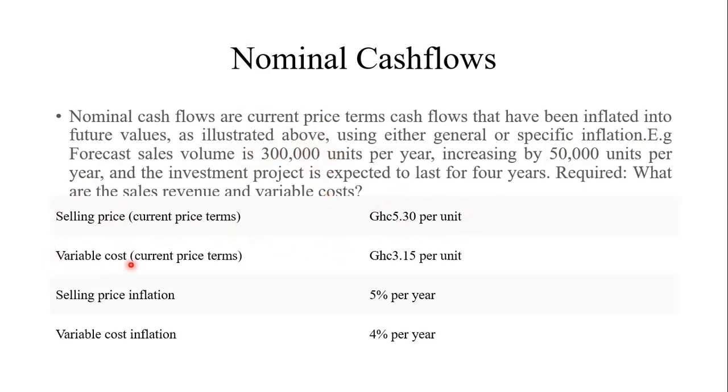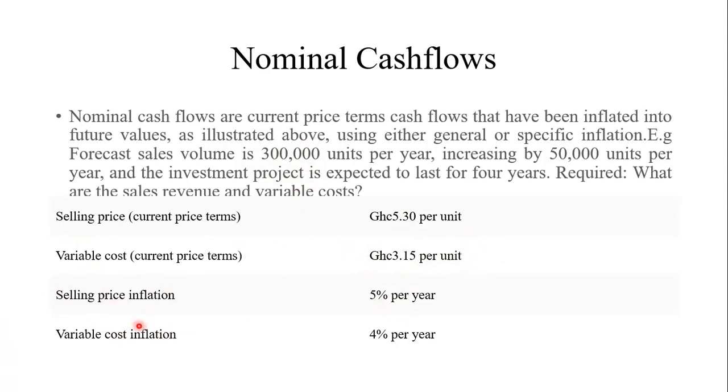Variable cost, remember this is variable, so it will vary according to the volume. So if you are given a variable cost of 3.15 per unit, then the total variable cost is going to be 3.15 multiplied by 300,000 cedis for that year. And you're also given further information that selling price inflation, so this is specific inflation for selling price, is 5% per year.